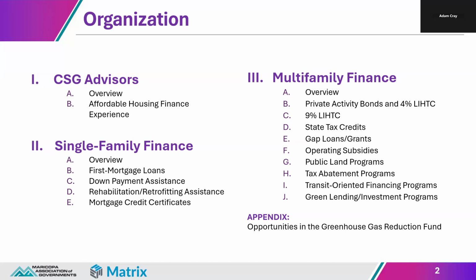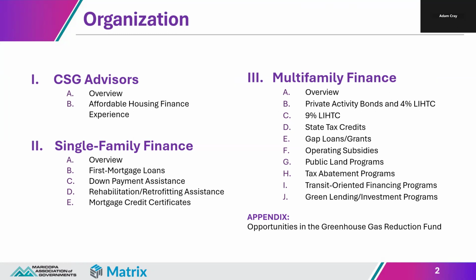And then on the multifamily side, we'll walk through an initial overview that frames multifamily finance as fundamentally about gap financing, and then show you 9 different ways to close those gaps in deals.